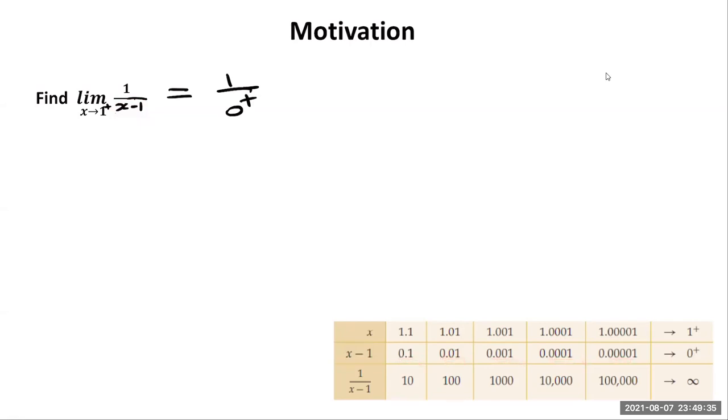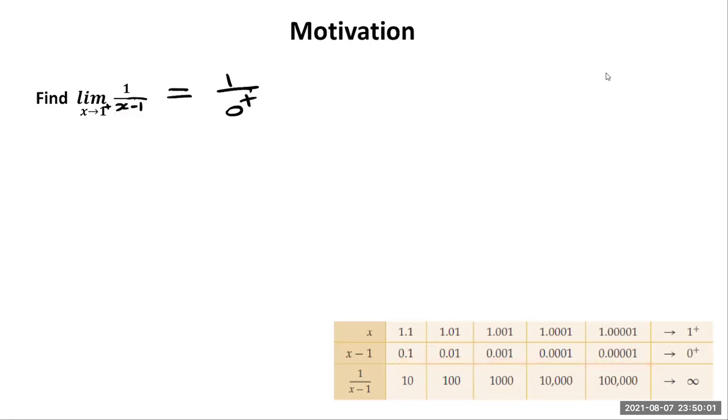As you can see, as x approaches 1 from the right-hand side, x minus 1 approaches 0. These values are getting smaller and smaller, but they are approaching 0 from the right-hand side because all these values are positive, but approaching 0. So the value of x minus 1 approaches 0 from the right-hand side.